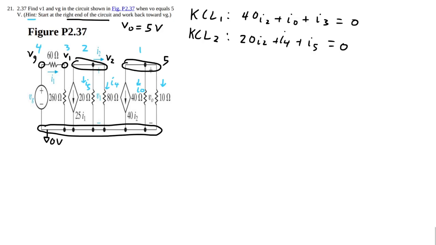So we're going to take our first equation over here, and we're going to look at I0. So I0 is going to be V0 divided by 40, and what did I call this? I3.